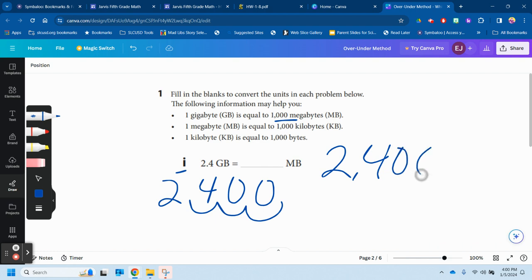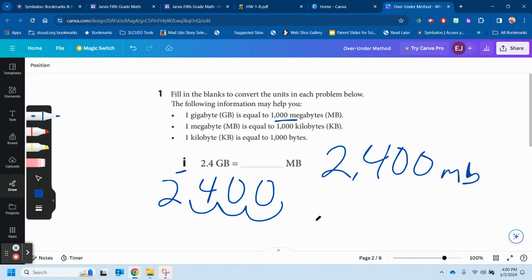And notice I almost put the 0 here. If I did, it wouldn't matter. I could have done that if I wanted to. Had a little brain freeze here. It's been a nice long break. So 2,400 megabytes. Whoops. And you need to put the little MB here for megabytes.